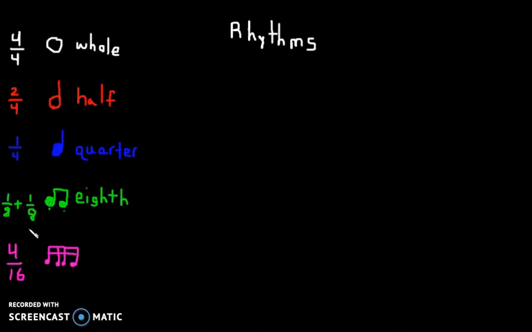So when you're adding fractions, if the denominator is the same... Denominator, that's the bottom number, and when the denominators are the same when you're adding, you keep those the same.